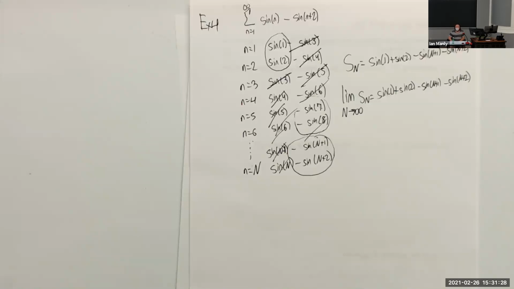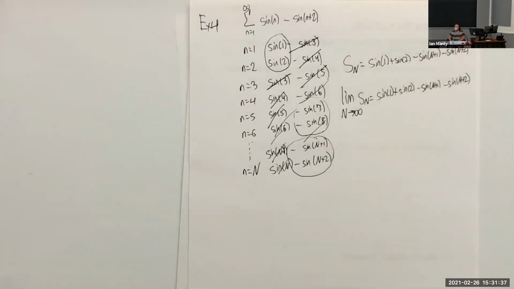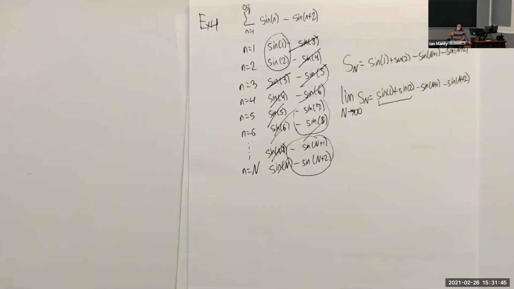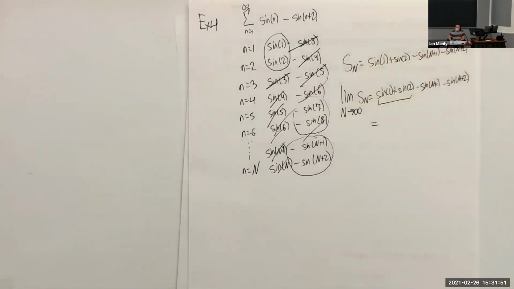Sine is just going to keep bouncing around between -1 and 1. So these numbers right here combined could be anywhere from -2 to 2, no matter how far we go out. So we keep having this tail that just keeps oscillating between -2 and 2. So what do you think we could say about this limit here?